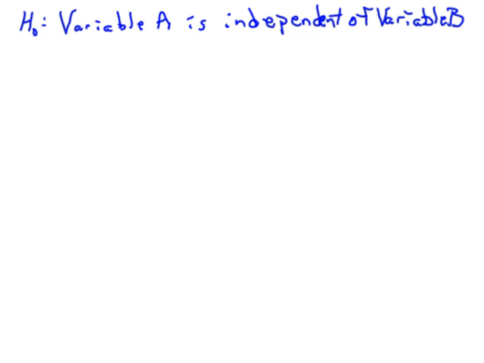And when you're looking at that, there's going to be several different versions of how this independence can be stated that they might ask. This would be the same as no relation. No relation.